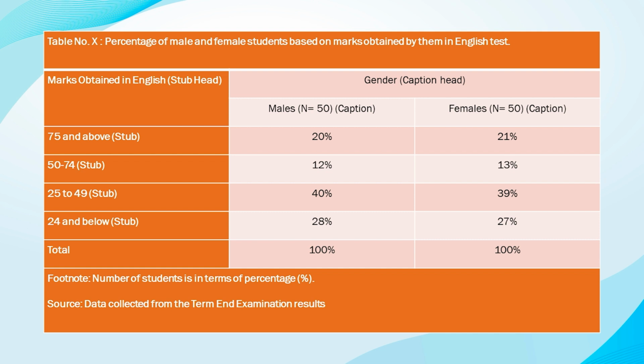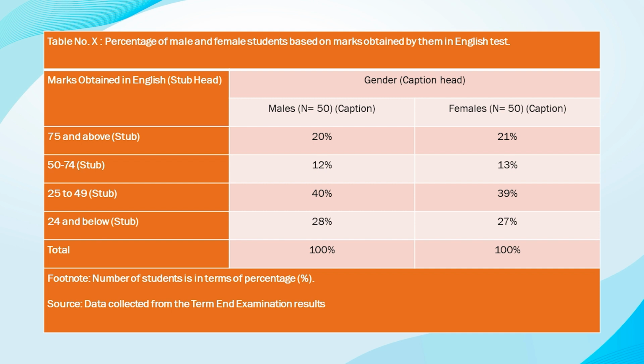Then, on the basis of gender, we have made categories: males and females. N is the total number of samples, say 50 in both categories. Then the percentage follows, and at the footnote, the number of students in terms of percentage as well as the source from where this data is coming.